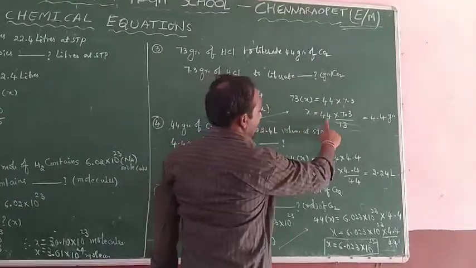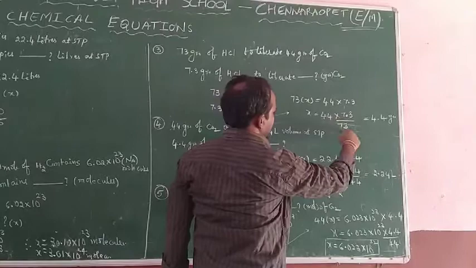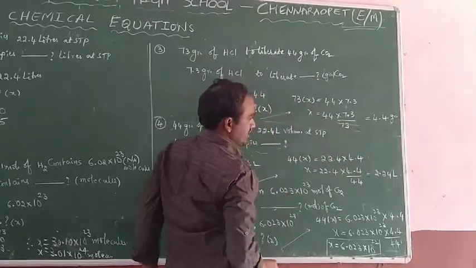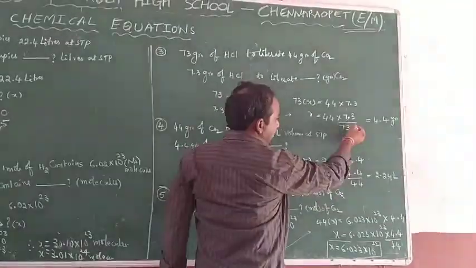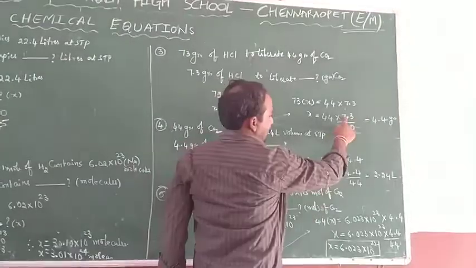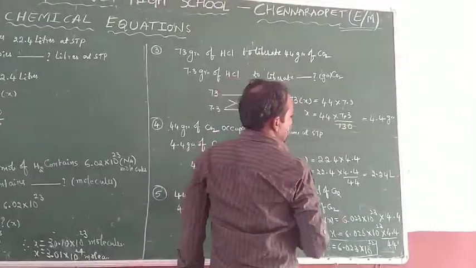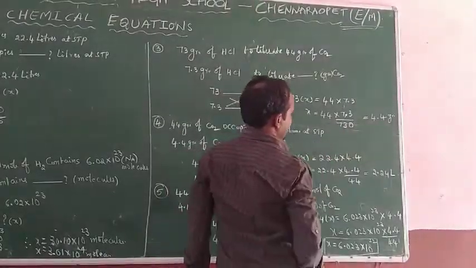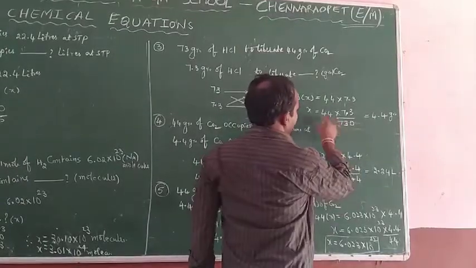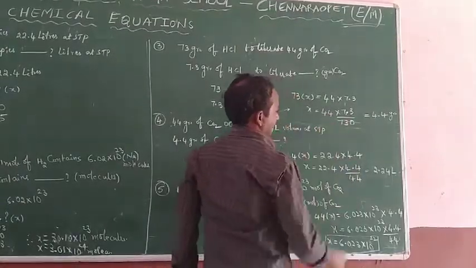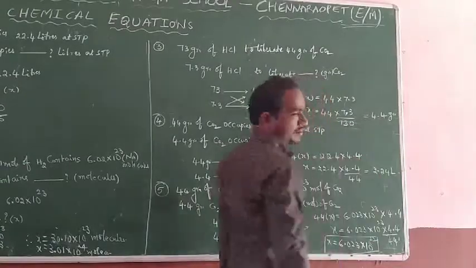Then x is equal to 44 multiplied with 7.3 divided by 73. We will remove the point, it will take a 0. So 73 is divided into 730, then we can write 44 divided by 10. So we will write 4.4 grams.